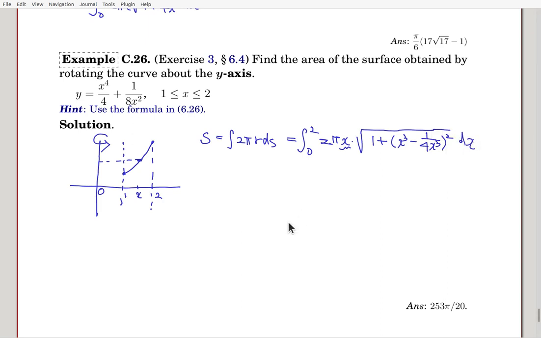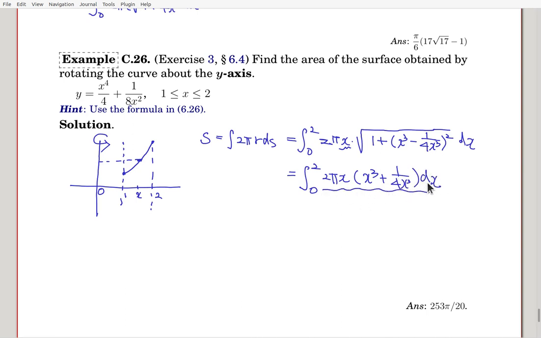We have to do it. If you do a little bit of algebra, then this portion will be the same as x cubed plus that term squared. So we'll write down only the result: the integral from 1 to 2 of 2 pi x times x cubed plus 1 over 4 x cubed, dx.